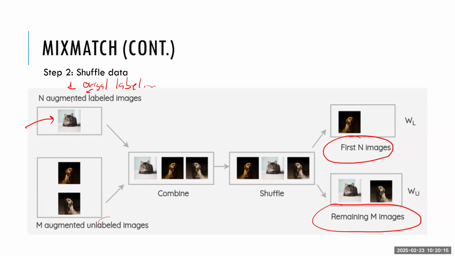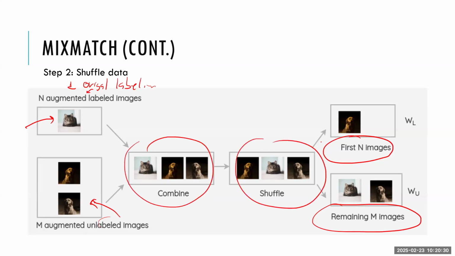And for one unlabeled image, you augment it m times. And then you combine, and then you shuffle, and then you split into two groups.